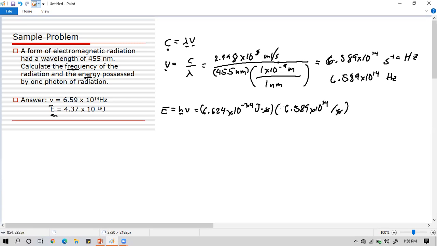So the seconds cancel, and we will yield a value of, let me input it in the calculator, 4.365. Actually, it should be 6 there, guys, 6.626. So our answer is 4.365, and rounded off it is 4.37 times 10 raised to negative 19 joule. So that's for our sample problem number 1.